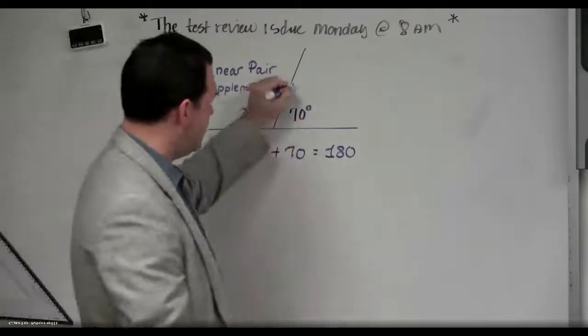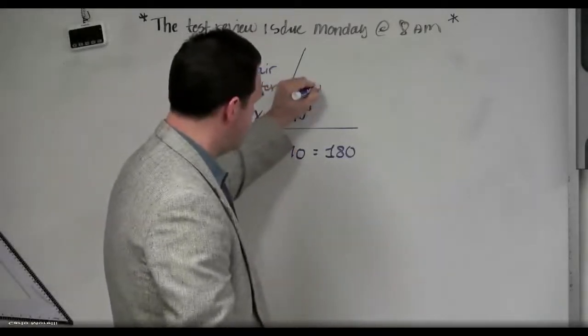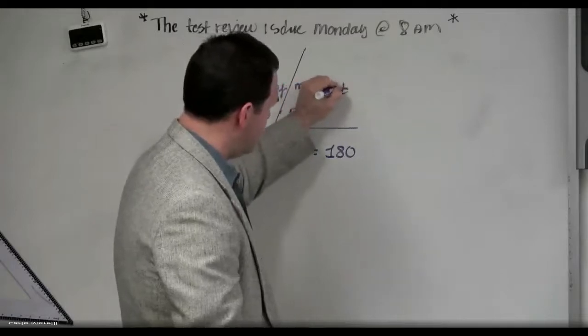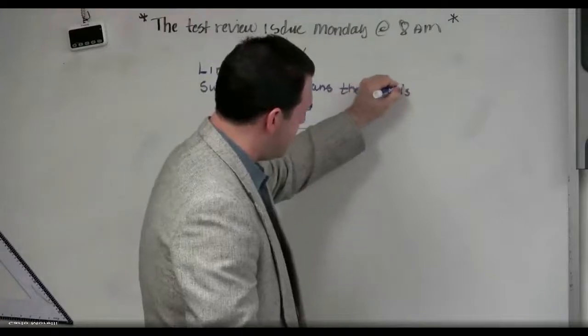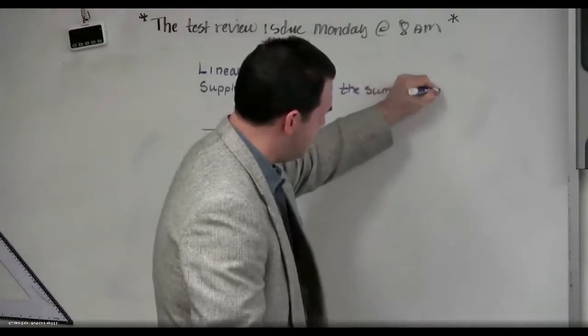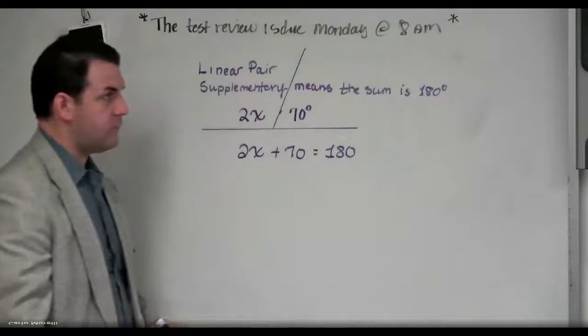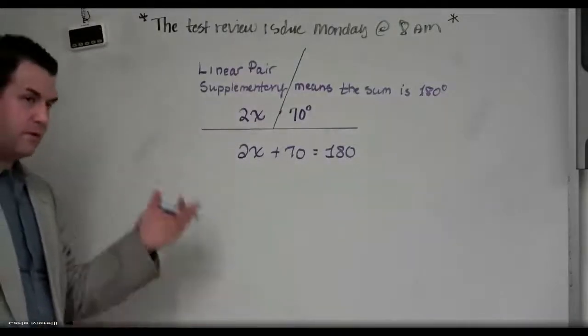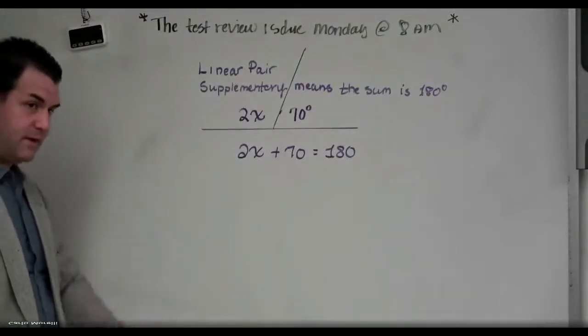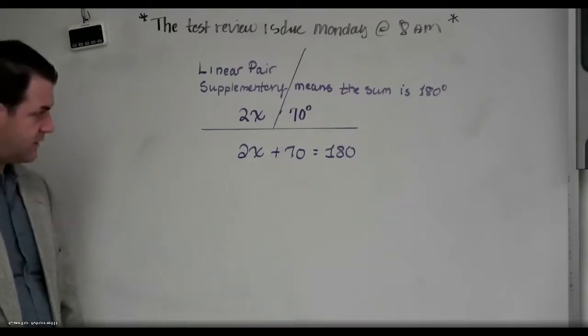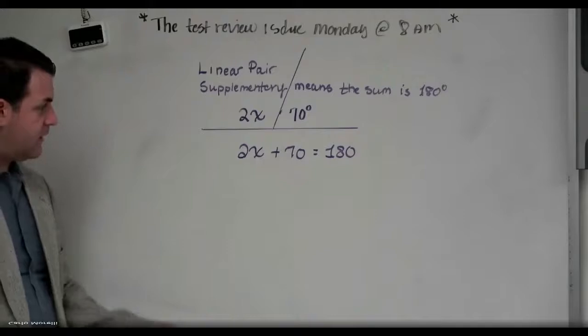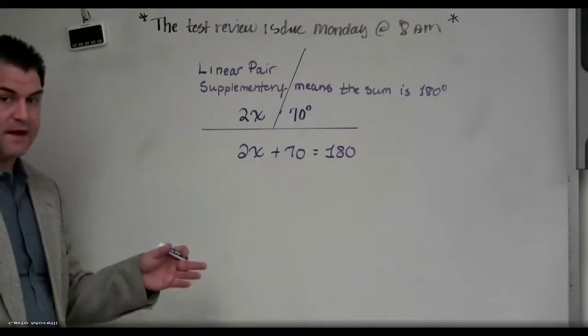Supplementary means the sum of the angles is 180 degrees. So whether they tell you it's a linear pair or they tell you the angles are supplementary, they add up to 180 degrees. So now they might ask you, what is x?